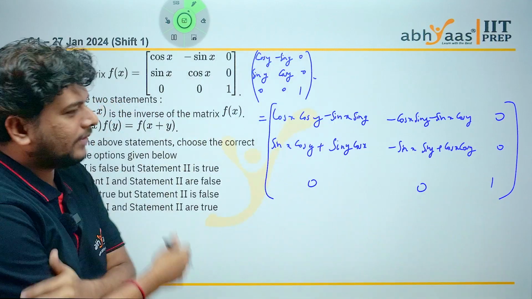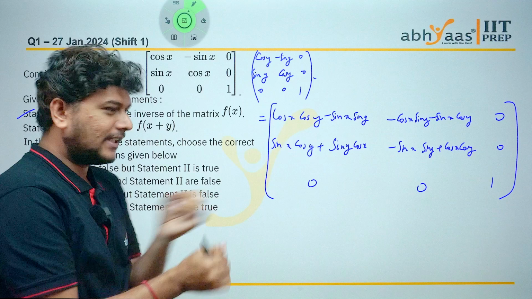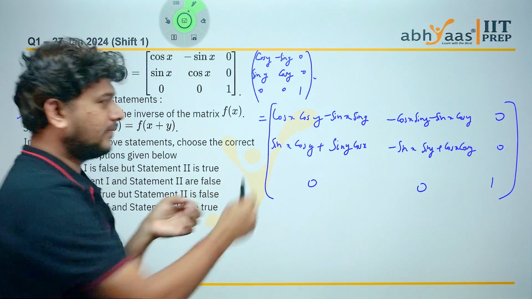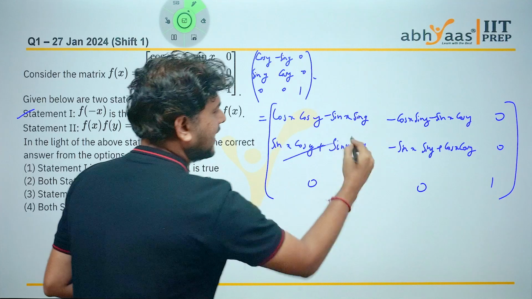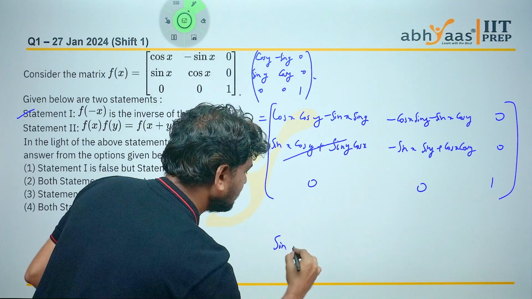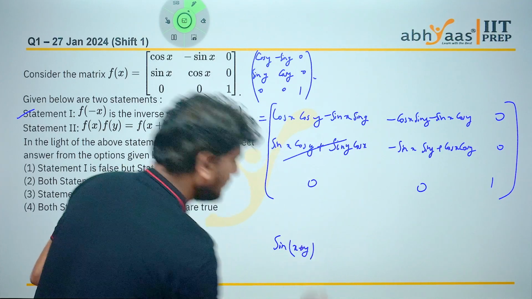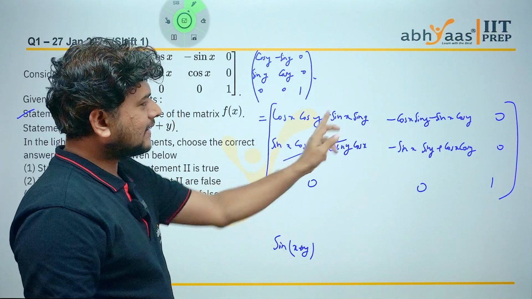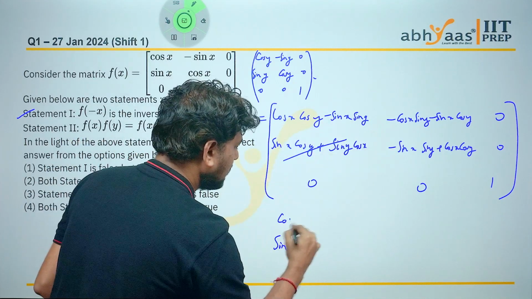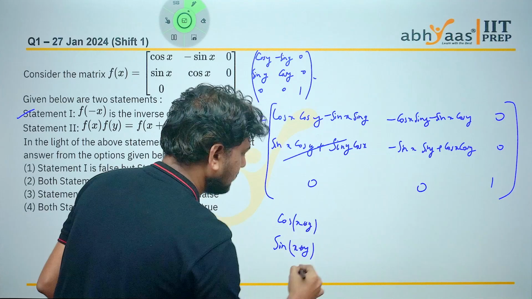Now we know the formula for sin A plus B, which is sin A cos B plus cos A sin B. So this can be written as sin of X plus Y. And cos A plus B is cos A cos B minus sin A sin B. So this is cos of X plus Y.